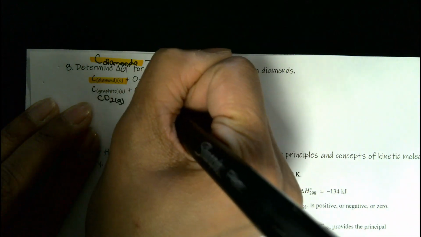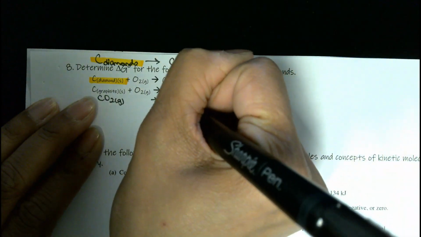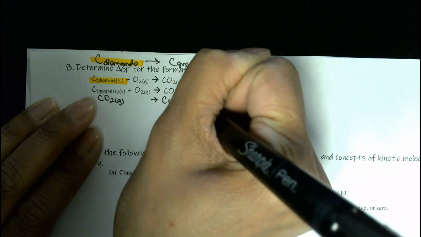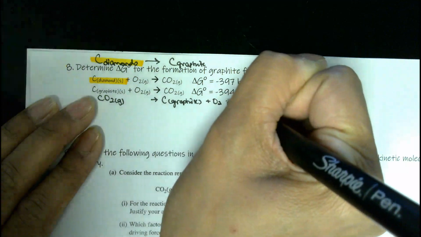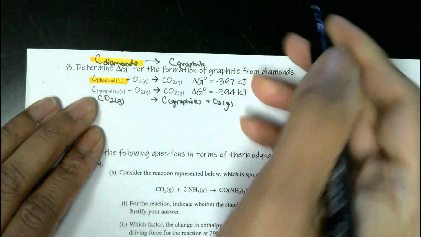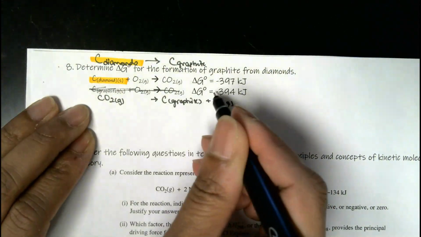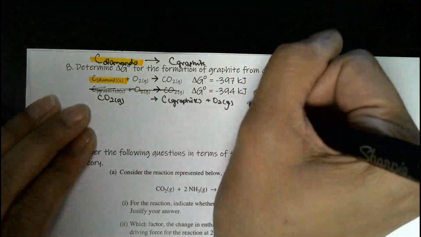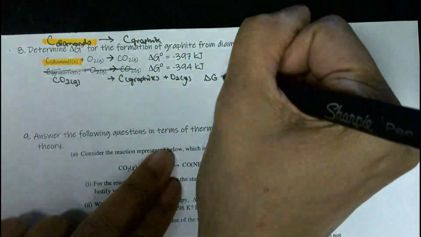I'm going to line up my arrows and use C for graphite plus O2. And because I have switched my equation, my delta G, before it was negative, is now going to be positive.